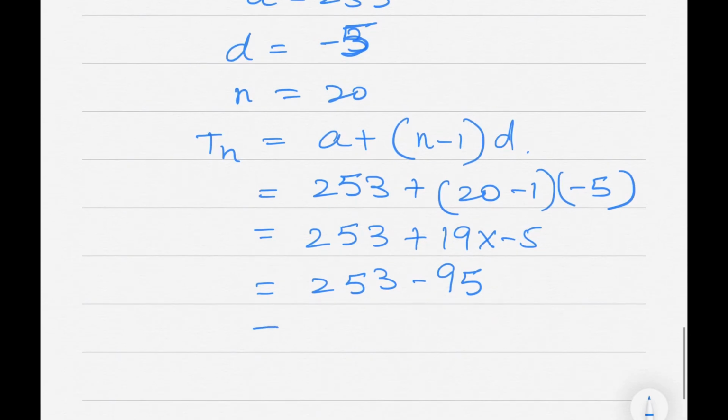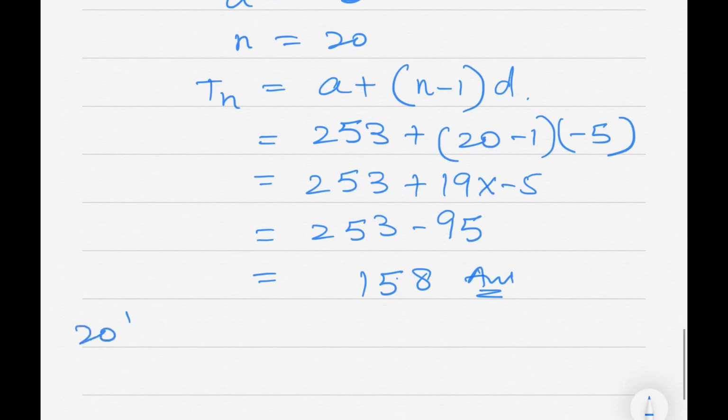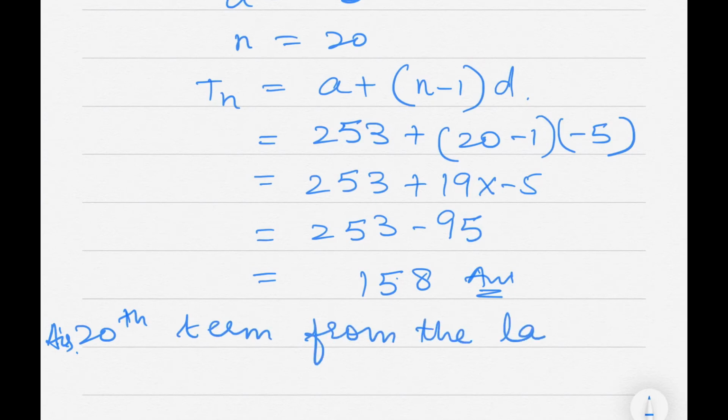Let's subtract now. So 8 here, and then 4 minus 9, so 5 and 1. I am getting the same answer. Therefore the 20th term from the last is equal to 158.